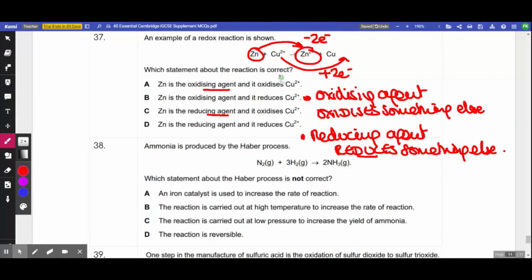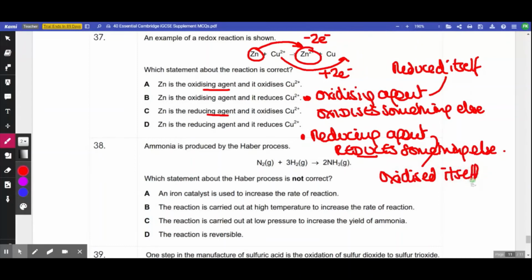So now what you need to do is connect it. It is also worth learning that an oxidizing agent is reduced itself. And if you learn that extra fact, the reducing agent is always going to be doing the opposite. It's actually oxidized itself.